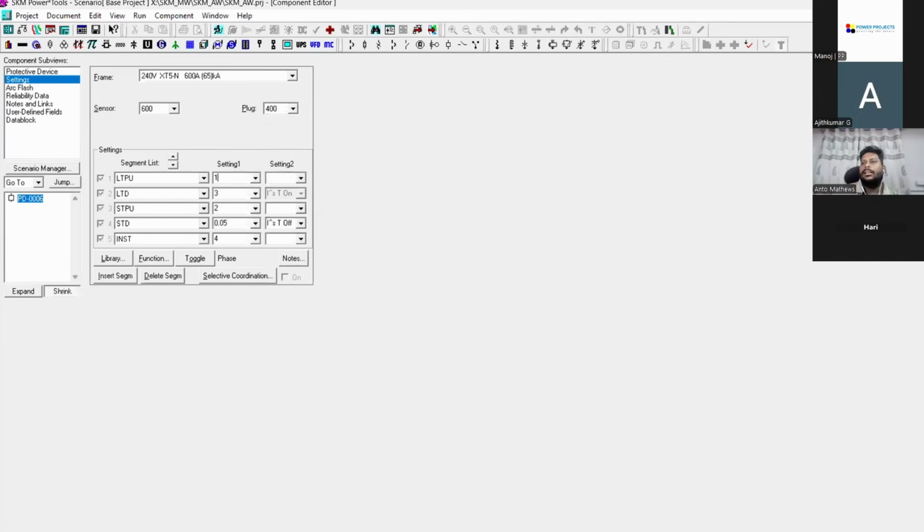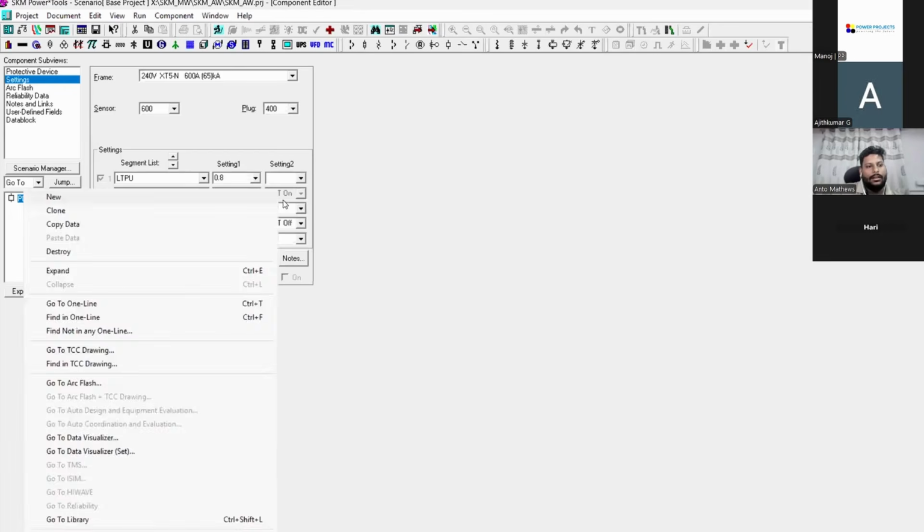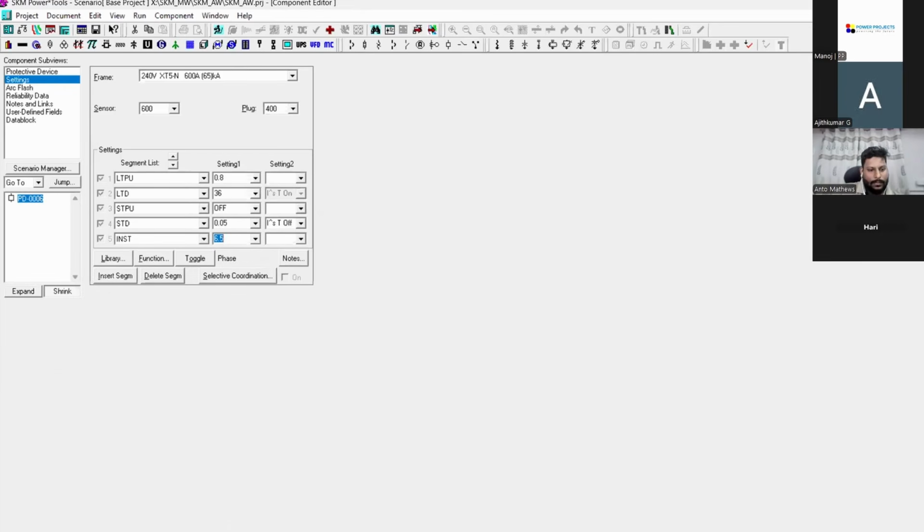For the value, as per the calculation and the data I have taken from the project, I will consider this and 633. I will make the protection function off. For instantaneous I will be using 6. There is some error in the setting.